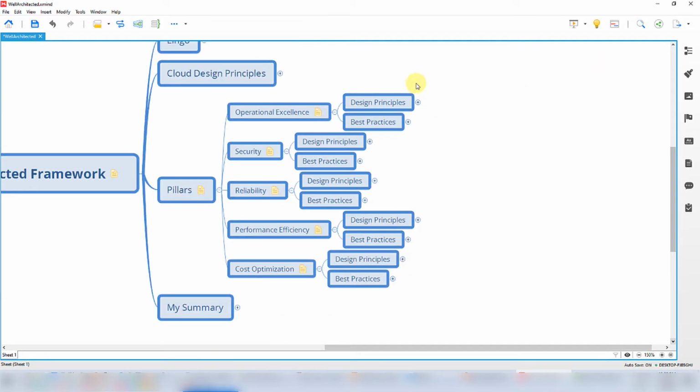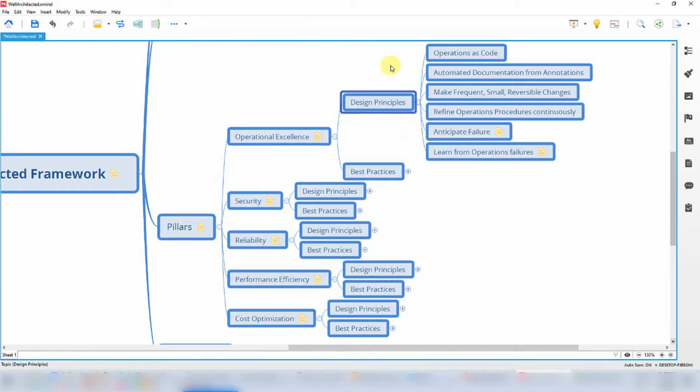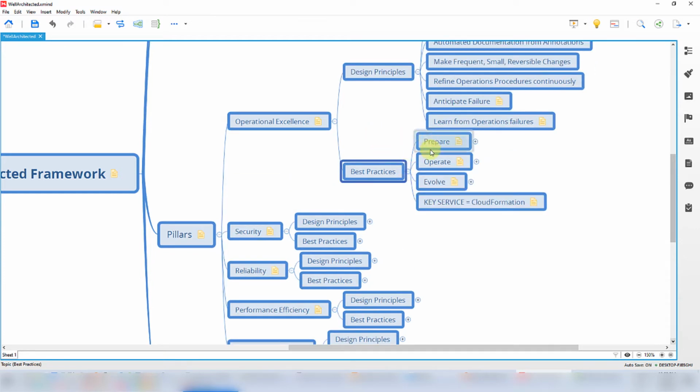In each case, the design principles consist of a few guidelines which sort of sound like practices, sound like things one must do. And the best practices consists of things to do and the key service or services that enable these practices.